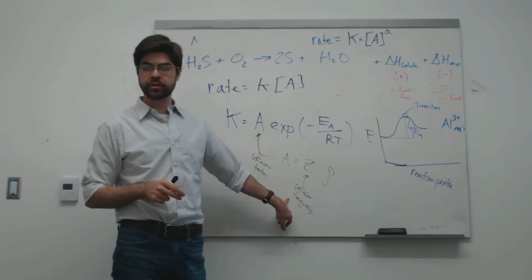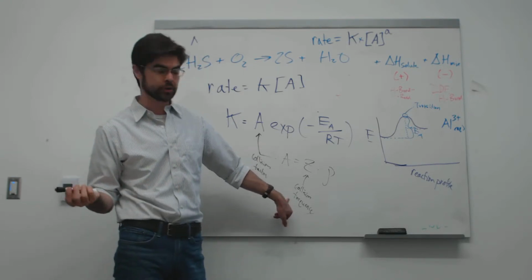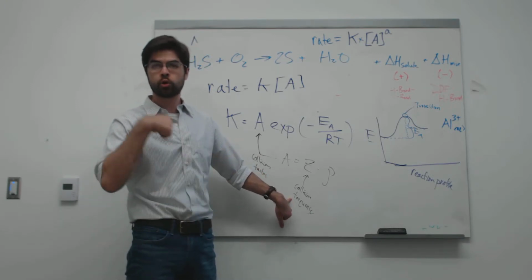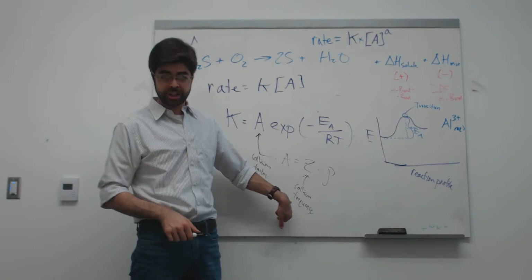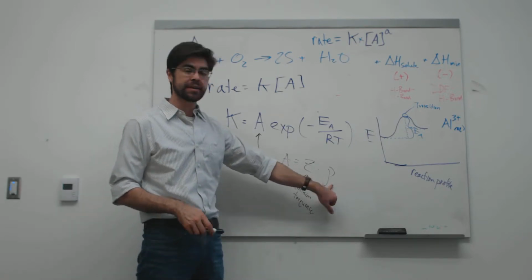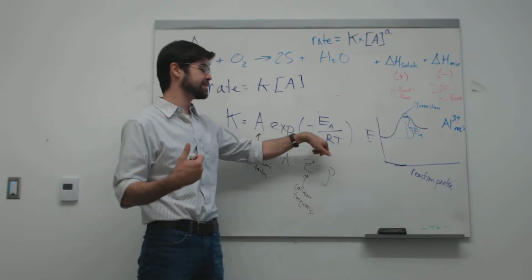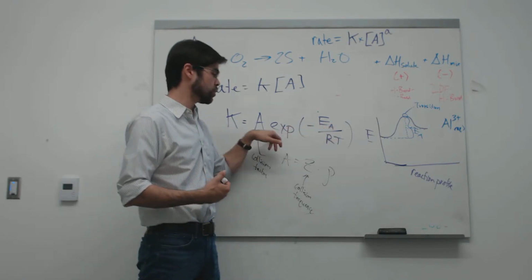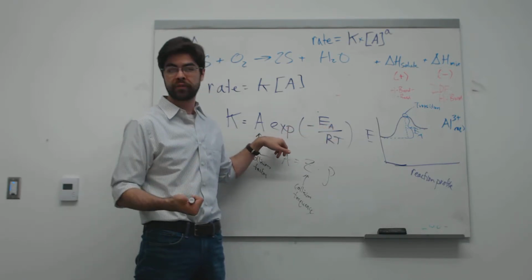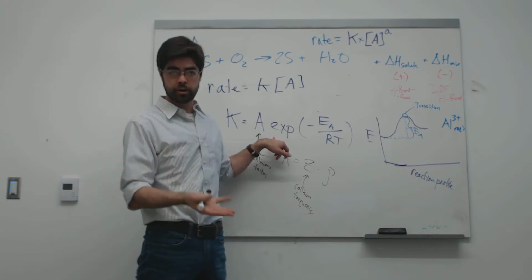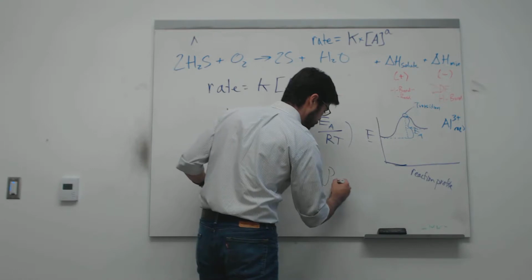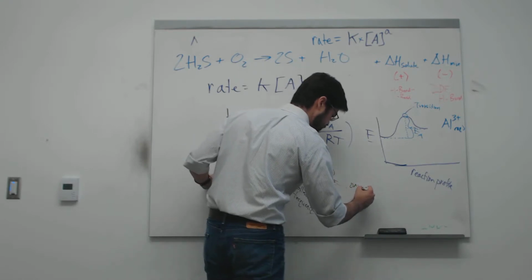Not all of those collisions will successfully result in a reaction, partly because they might not have enough energy to go over the activation barrier. So this whole term takes into account the fact that not all of the collisions will be successful energetically speaking. This last term here is the steric or orientation factor.